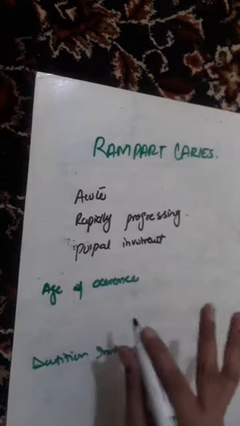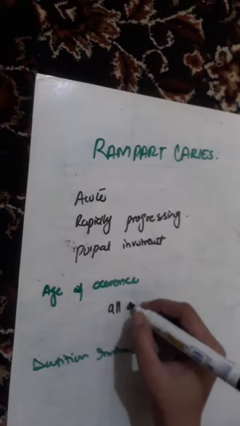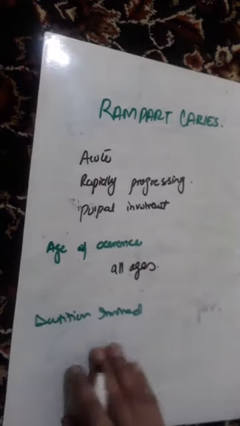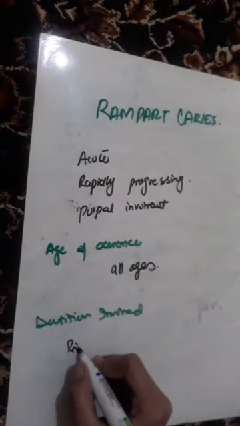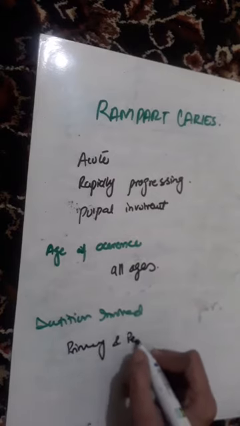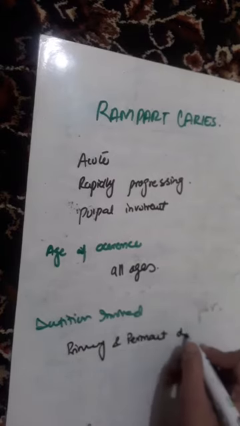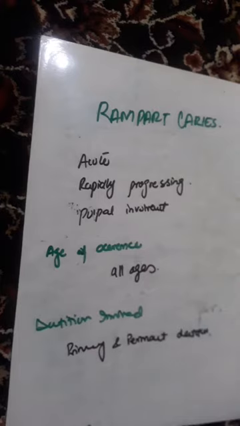It means it includes all the ages. The dentition involved is both primary dentition and permanent dentition. Then moving toward the etiological factors of the rampant caries.